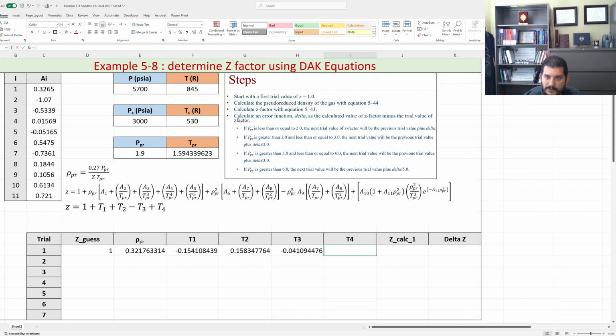Now it's time for T4, which is that last one. That one is a little bit tricky, so let's pay attention and see how good a job we can do.